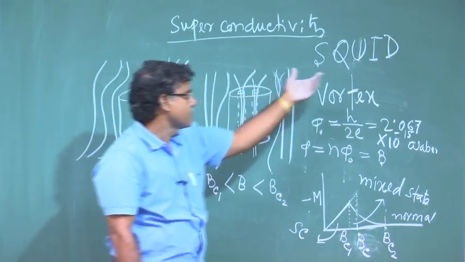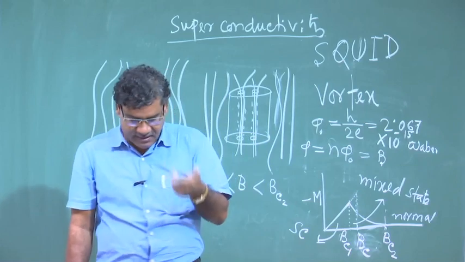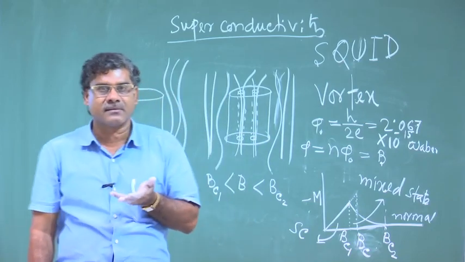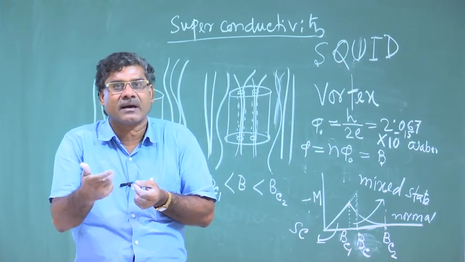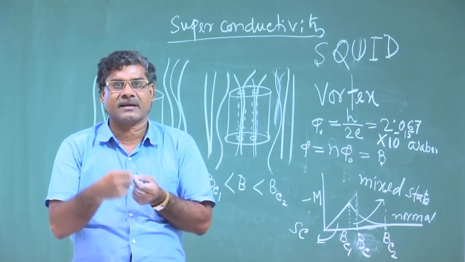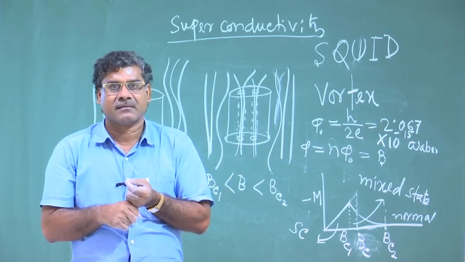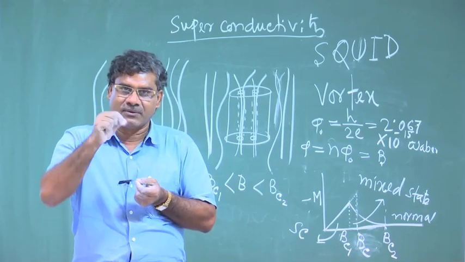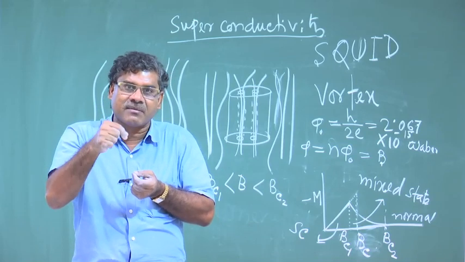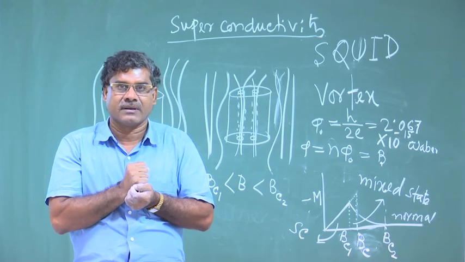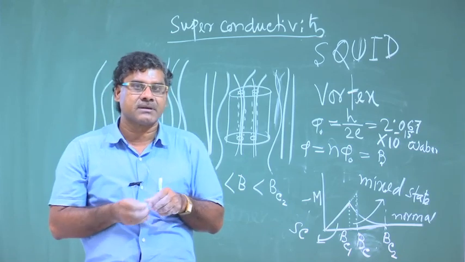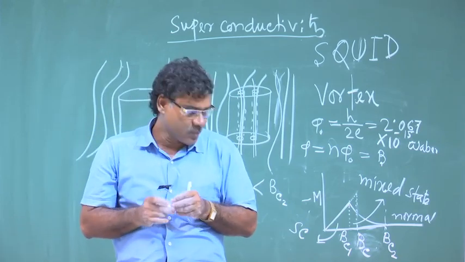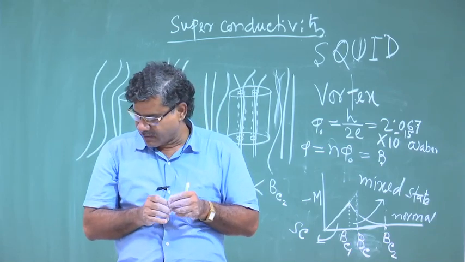In SQUID we can measure the change of magnetization. So, change of magnetization in terms of flux, you will get the magnetic field or flux, and using these superconductors we can measure the change of the flux. There we use what is called a Josephson junction, probably I will tell you about that one.